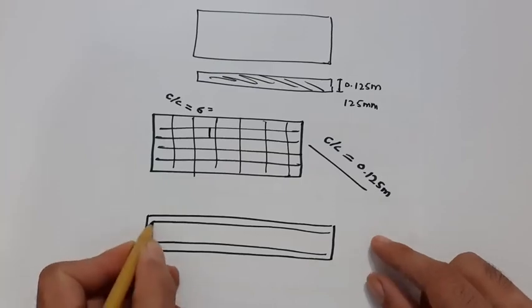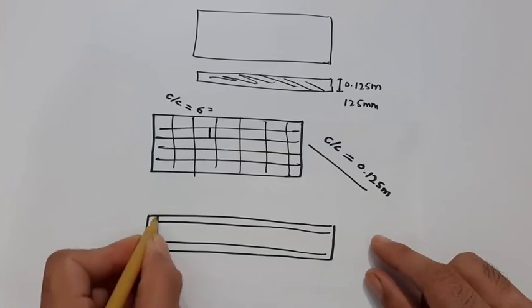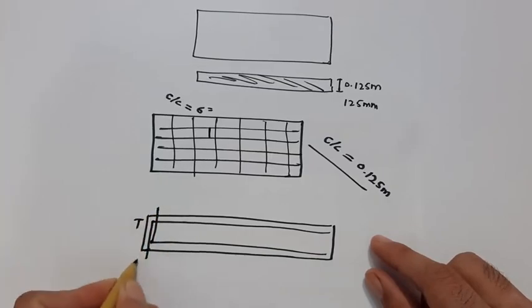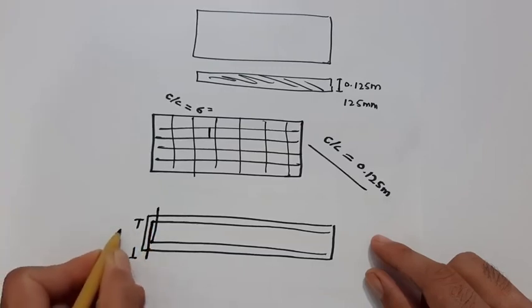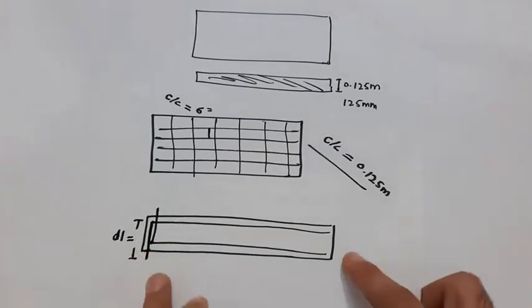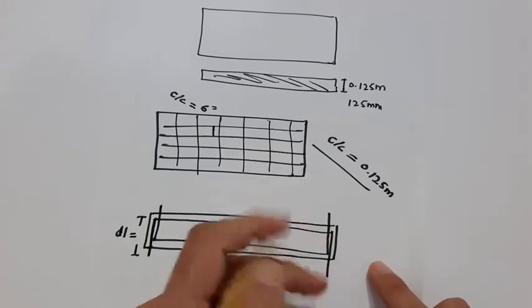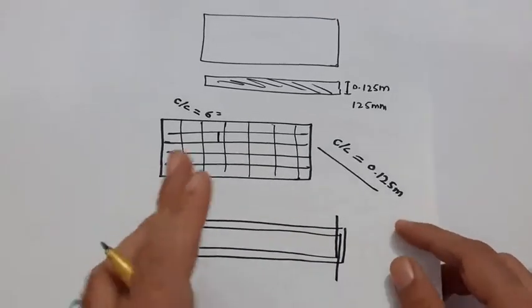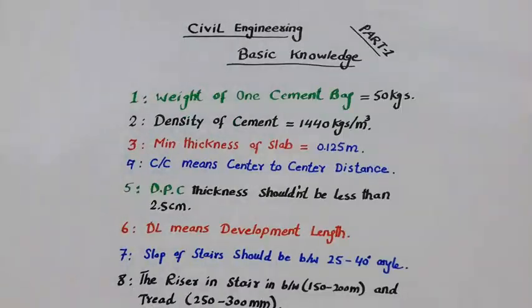This one steel is coming to the downside and this one is going to the upward side. So this length, from here to here, is called DL, development length. As you can see, it makes a good bond between steel and concrete. So at the end we are providing these.